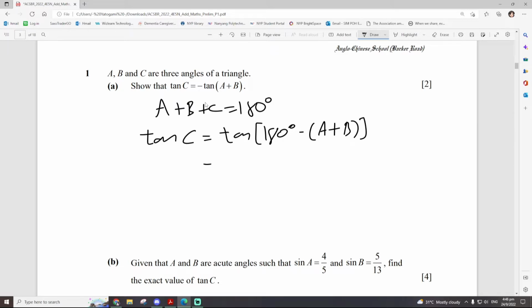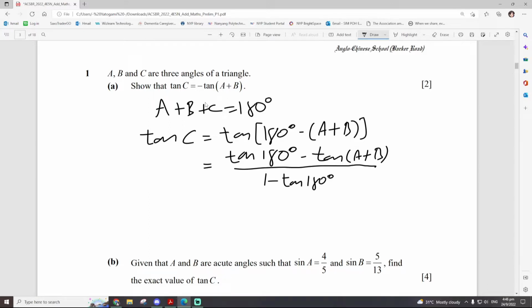and we'll use the compound angle formula. So you have tangent 180 degrees, minus tangent of A plus B, over 1 minus, now you put tangent 180 degrees times tangent of A plus B. And note that tangent 180 degrees is 0 because sine 180 degrees is 0.